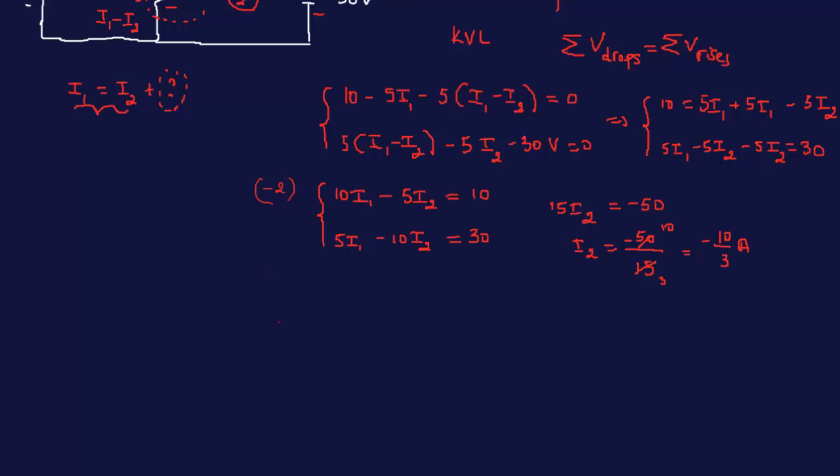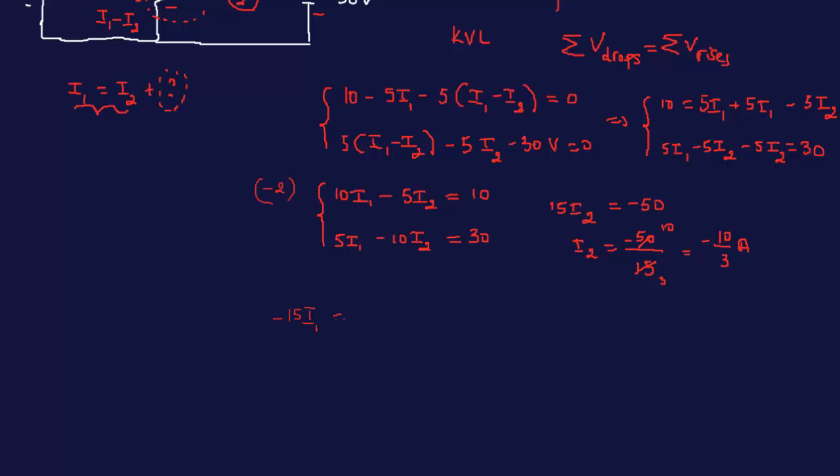So if I multiply this part here by minus 2 and then I add them together, I would have minus 20 plus 5, that's minus 15 I1. Of course I2 will go away, and so you have minus 20 plus 30, which is 10.